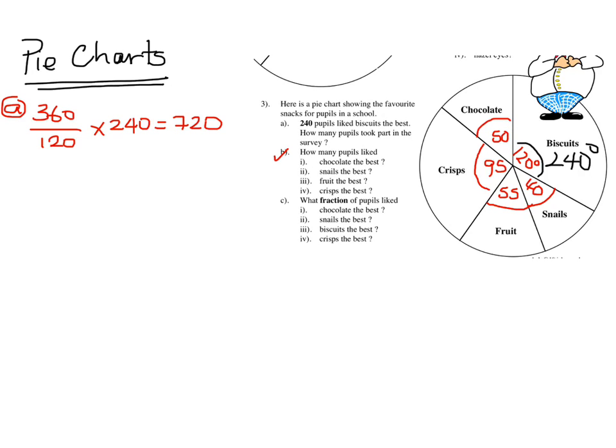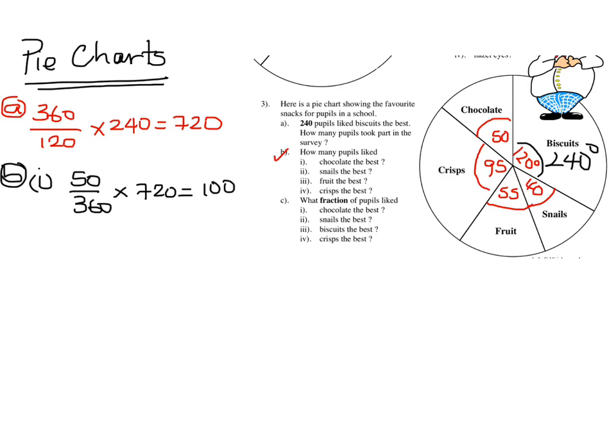So if I want to know how many people like chocolate, since I already know the total number of people in the survey, then the chocolate people, so that's B part 1, are going to be 50 degrees over 360 times the total amount of people, and that's going to give me how many people like chocolate. That works out to be 100 people that liked chocolate best.